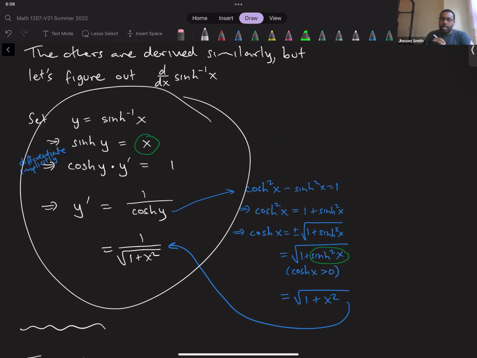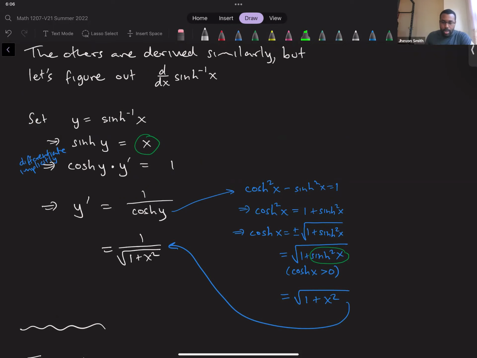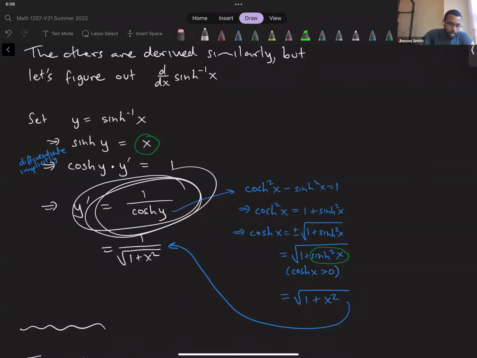Hopefully you appreciate the steps I took were what we would have done to derive that formula. I didn't apply that formula directly, but it ended up being that formula, that 1 over thing here.